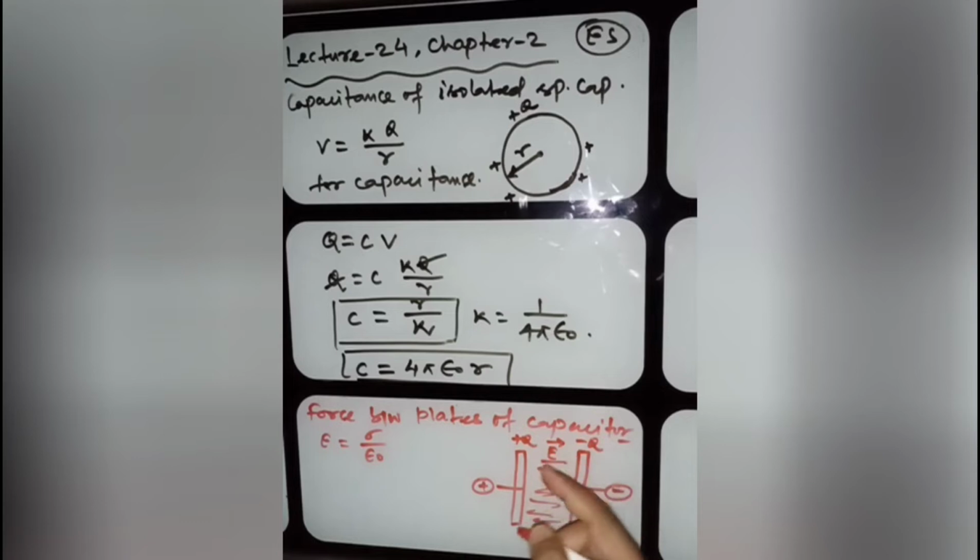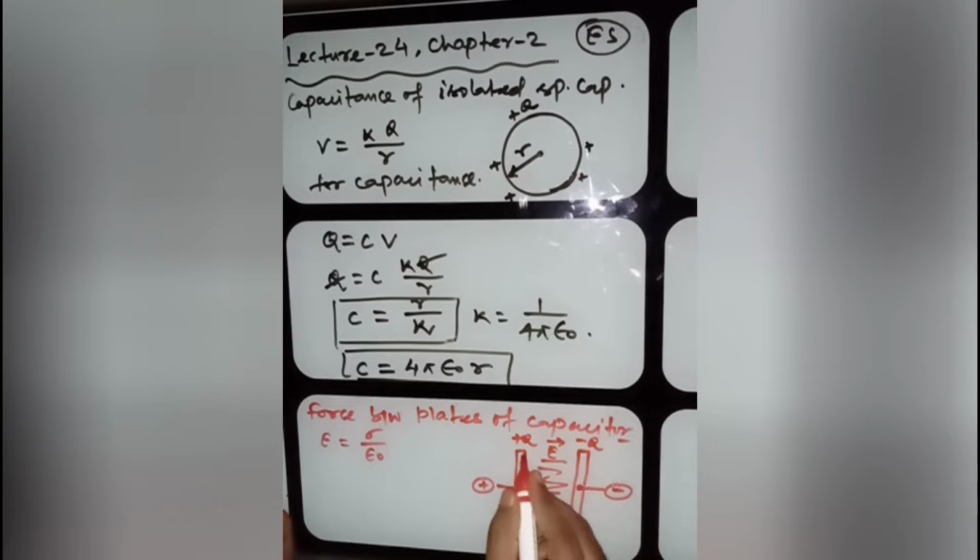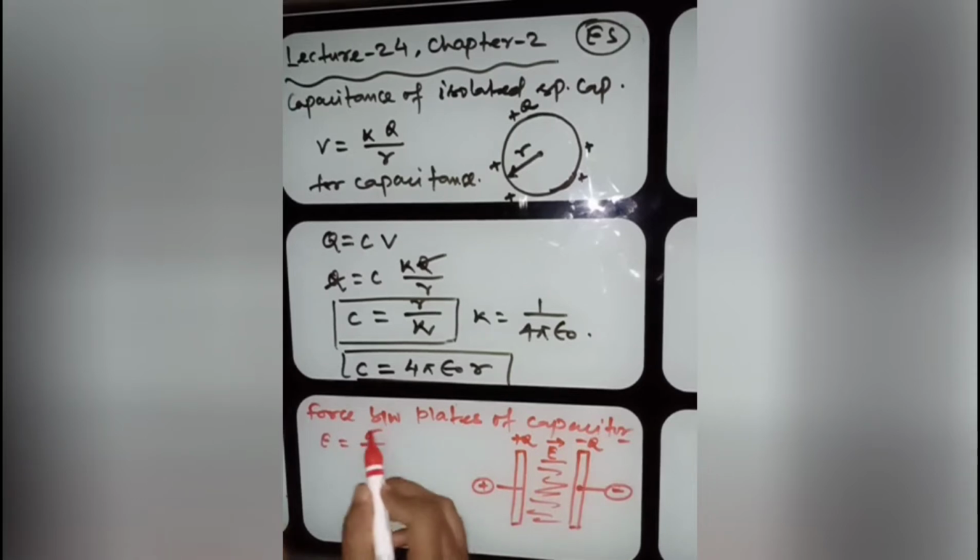But if I ask the electric field at either plate, what will be the answer? At this plate, remember, this plate will not contribute to the electric field at itself. At this plate, the electric field will be due to the other plate. Remember, sigma by epsilon naught was the electric field due to both the plates.